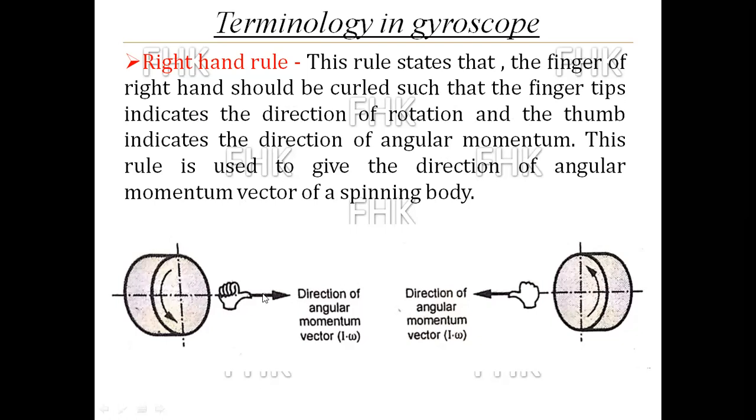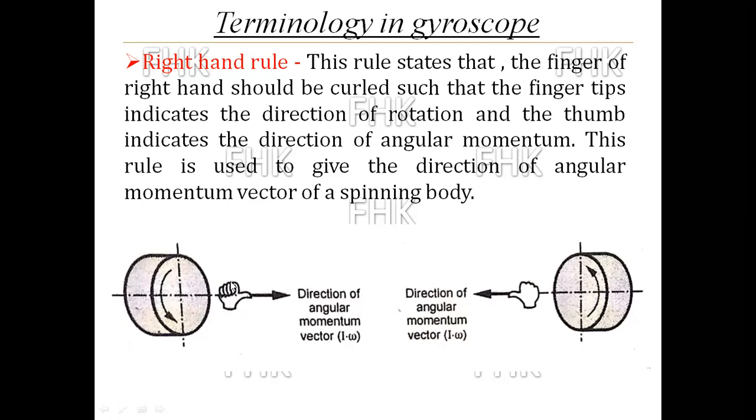In this image, if you observe the rotor from the right side, this curling finger indicates the rotation of the rotor. If you observe the rotation of the rotor from the right hand side, you can see that the rotor is rotating in the anti-clockwise direction.